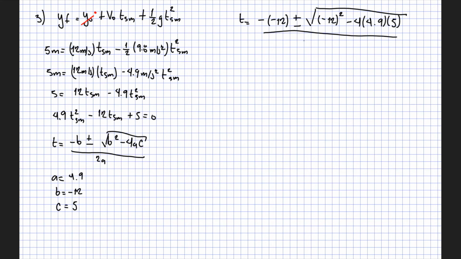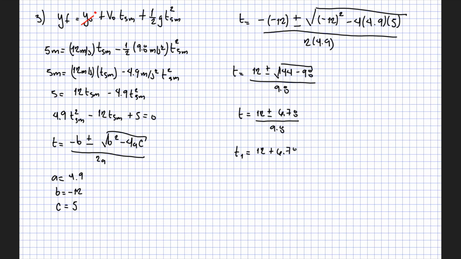Substituting the values, we have, solving the inner portion of the square root, we have this. Thus, we'll get two different values of time. T1 equals 1.91 seconds and T2 equals 0.53 seconds.